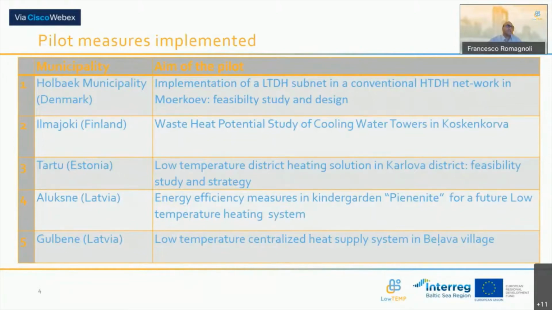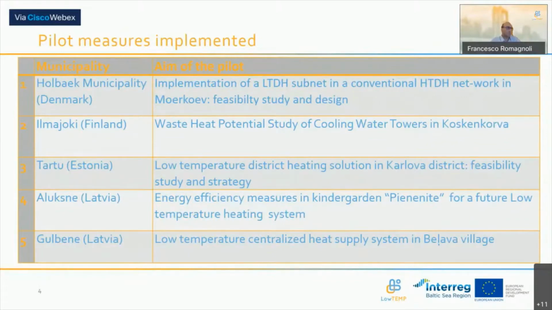In Denmark, we had a feasibility study and design for possible implementation of a district heating system in the local district heating network of Morkov. Ilmajoki was already presented in the pilot energy strategy, and the pilot was the use of waste heat from the plant of Koskenkorva for vodka production. In Tartu, we have a feasibility study and implementation strategy to understand how we can implement a low-temperature district heating solution in Karlova district.